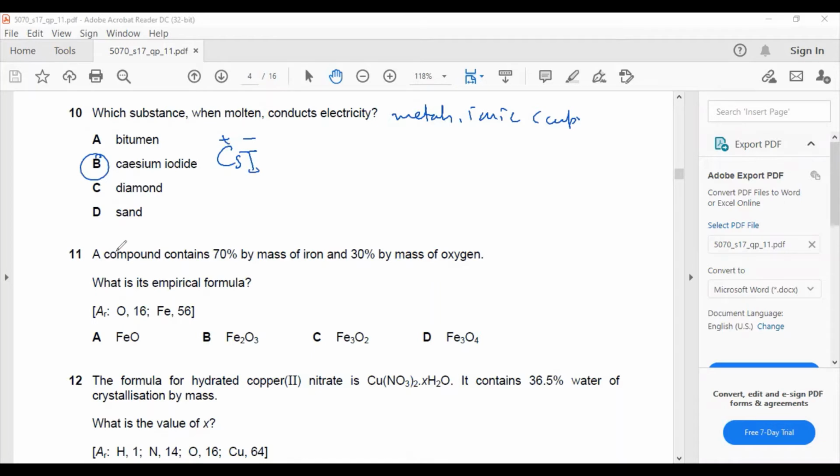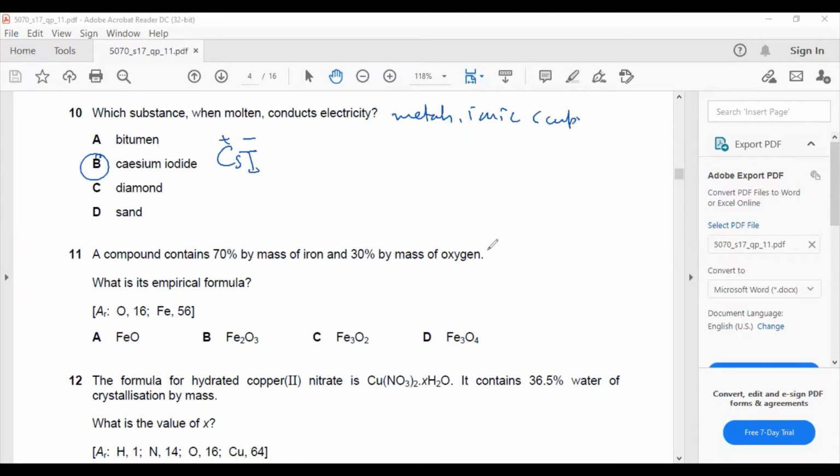11. A compound contains 70% by mass of iron and 30% by mass of oxygen. So it's a very simple question.